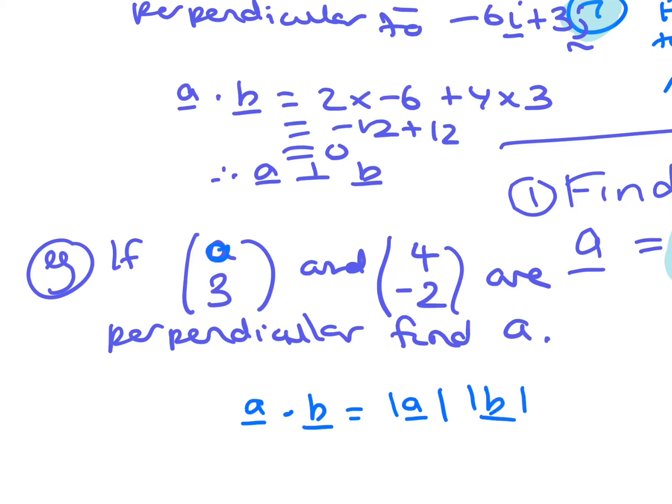I probably should have used a different unknown. I think I might just quickly change it so it doesn't confuse anybody. Yeah, let's make that an M. And what we're going to do is we're going to find M.